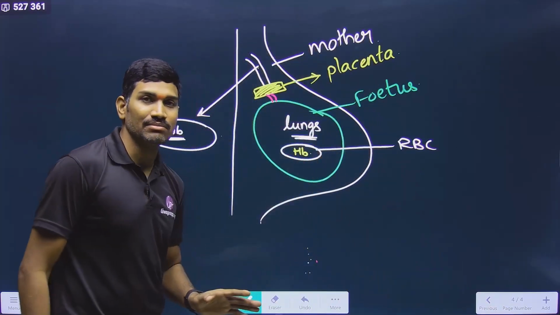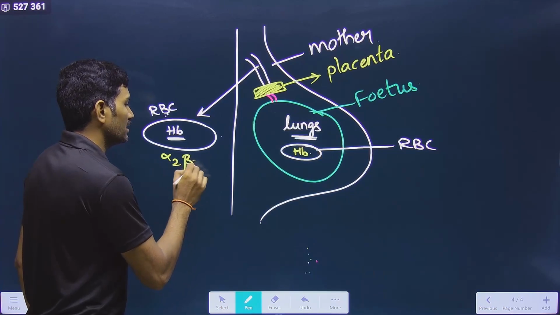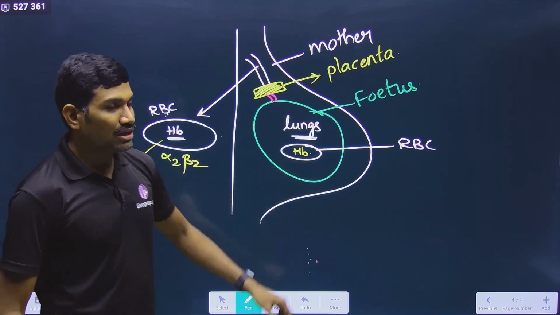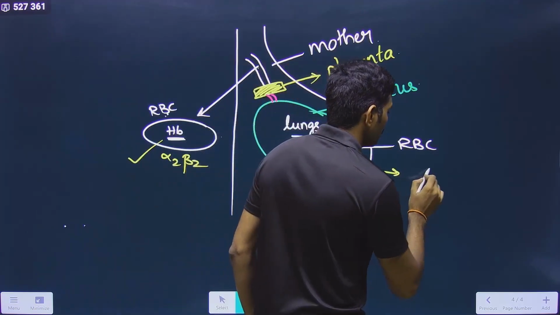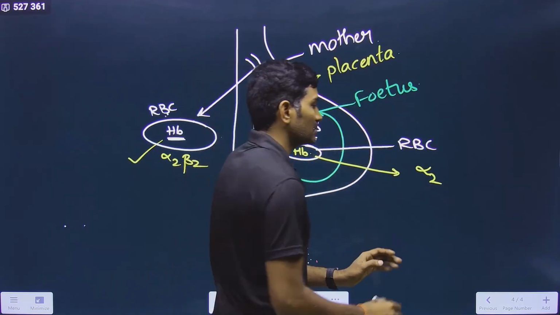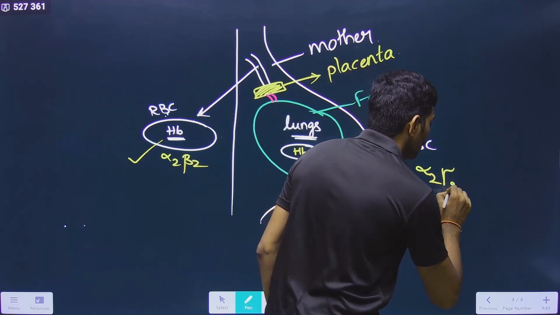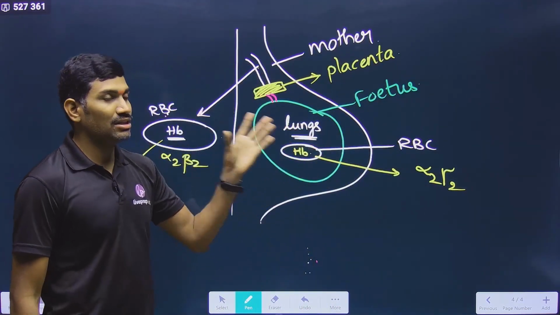Are they exactly the same? The mother has 2 alpha chains and 2 beta chains, correct? But what about the fetus? It is not like this. The fetus has 2 alpha chains, correct? But not 2 beta chains. Here the fetus has 2 gamma chains. Very important. At least understand the logic.